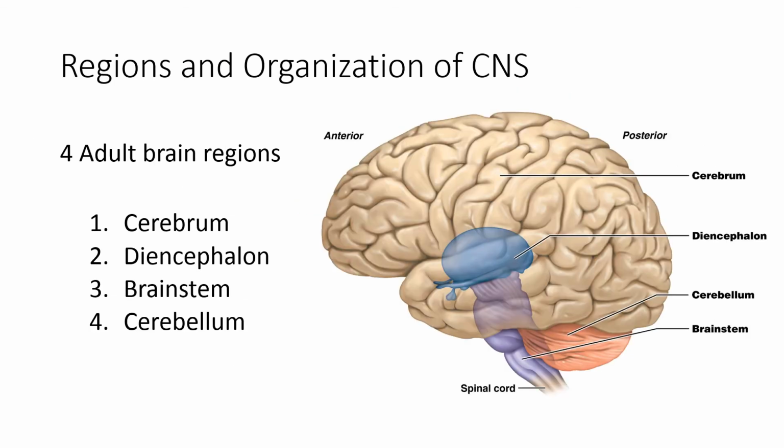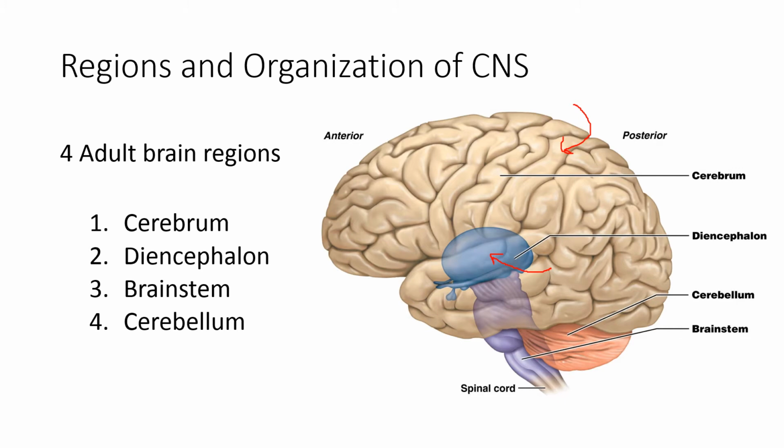The adult brain is divided into 4 main regions. The first one is called the cerebrum, which is represented by this taupe, kind of wrinkled fabric looking layer. Deep to that, we have the diencephalon in blue. I don't know why, but when I see this structure, I think about the xenomorphs, those aliens from the Alien movie.